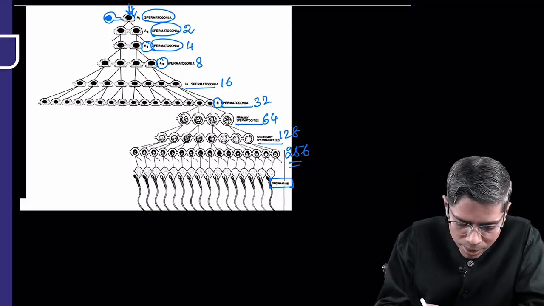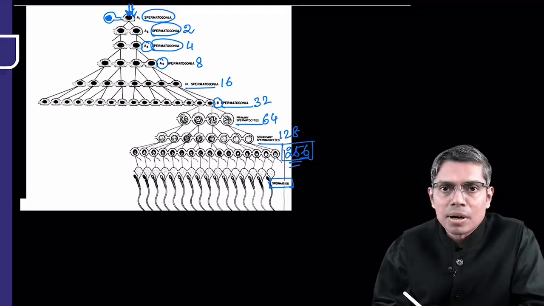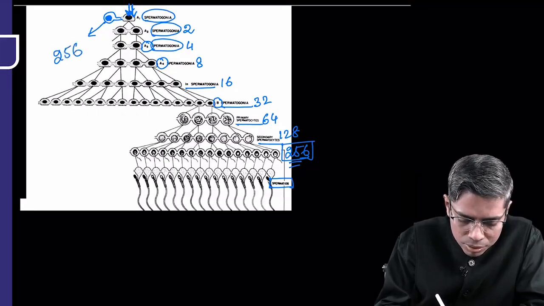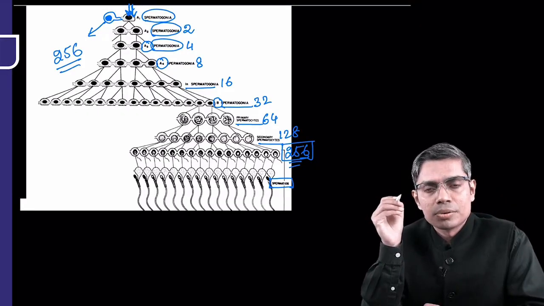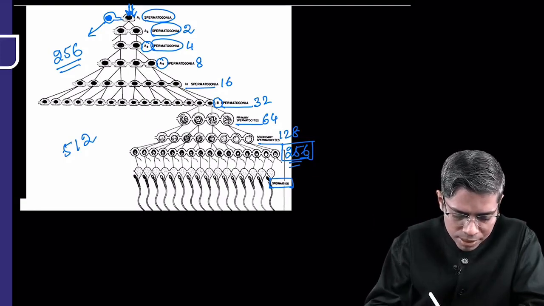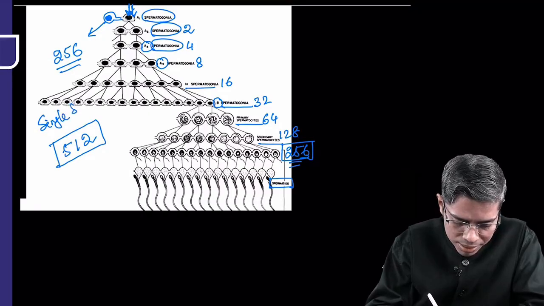So one spermatogonia cell A1 is giving rise to 256 sperm. The other one will also divide and give rise to 256 sperm. So in combination, a total of 512 sperm is produced from a single spermatogonia, right?